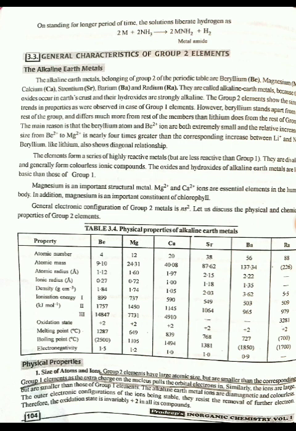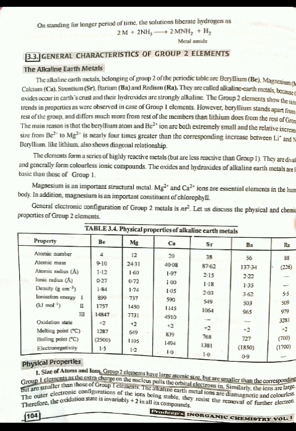1.12, magnesium 1.60, calcium 1.97, strontium 2.15, barium 2.22. Ionic radius in angstrom. Beryllium 0.27, magnesium 0.72, calcium 1, strontium 1.18, barium 1.35. Density in gram per centimeter cube.